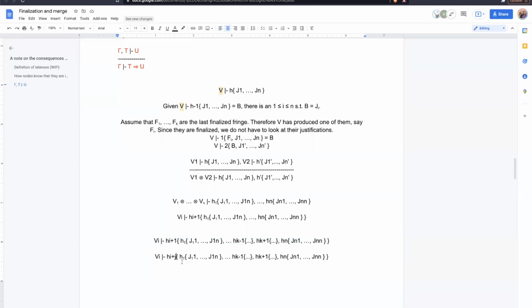I'm just going to leave the convention that the block at the Ith position is going to be the previous block, just for now.